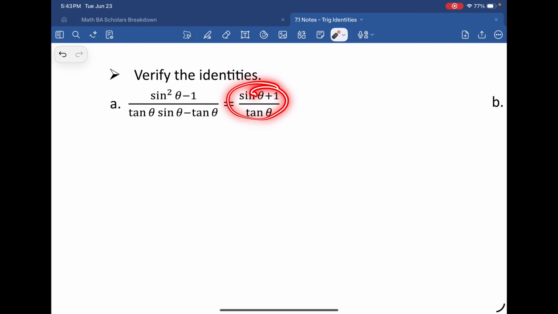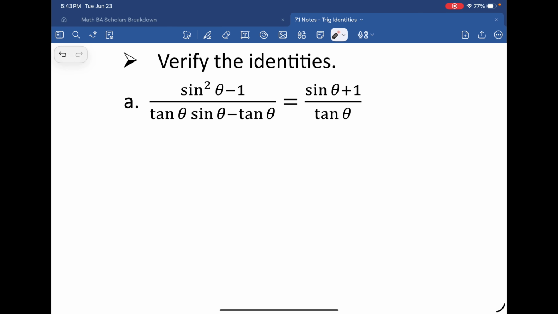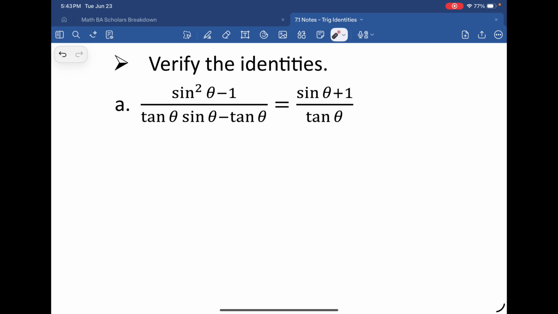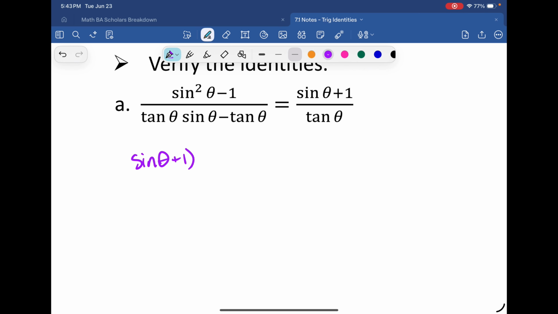So I'm not going to rewrite this every time, so it's going to take up a lot of time. But what I am going to do is go ahead and work on this left side. And let's see. On that numerator, I see I have sine theta plus 1, and since I need sine theta plus 1, I'm going to factor it. Sine theta plus 1, sine theta minus 1 is a difference of squares.